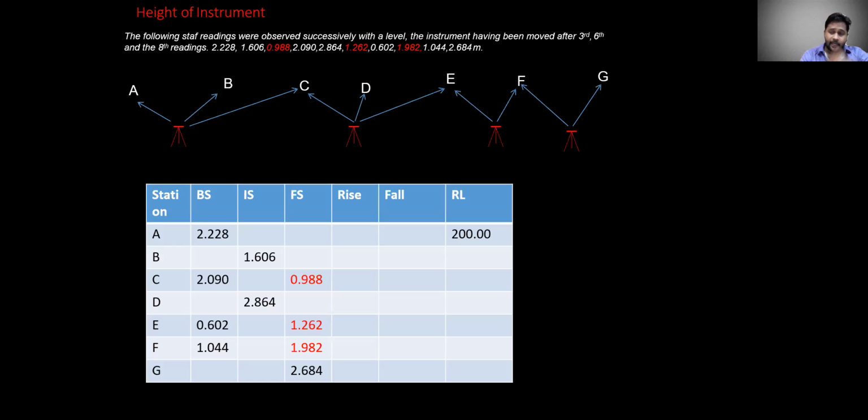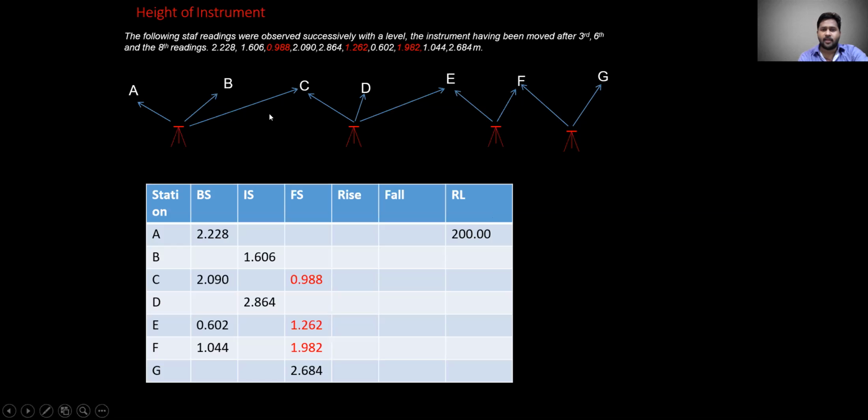This is a tabular form which we'll use for the rise and fall method. This is station, backsight, intermediate sight, foresight, rise, fall, RL. This is the tabular form used for the rise and fall method.